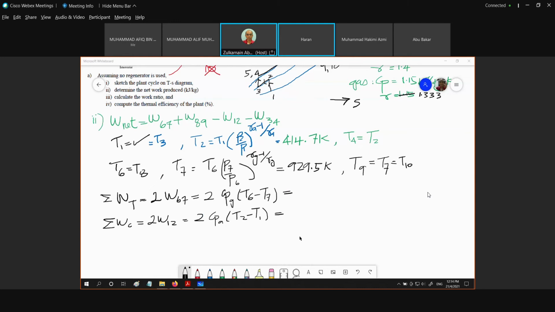Times by 2. Okay. How much again? For a single turbine, 337.53. For both of the turbines, 675.05.